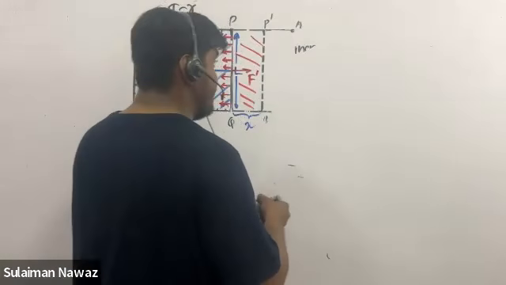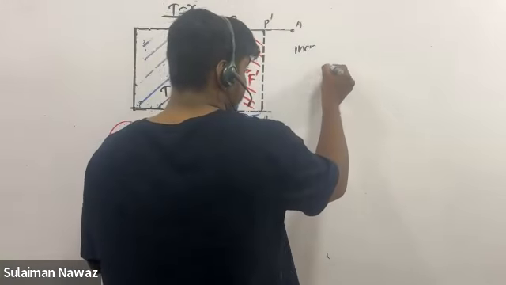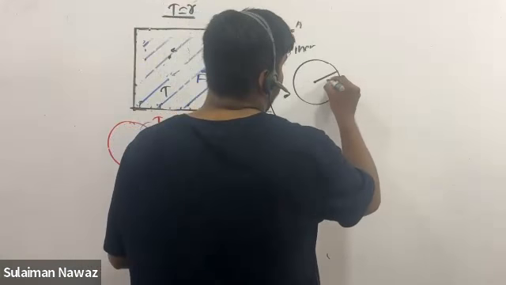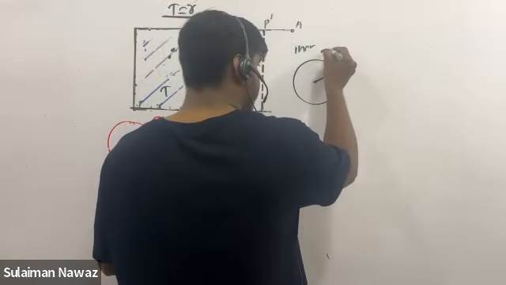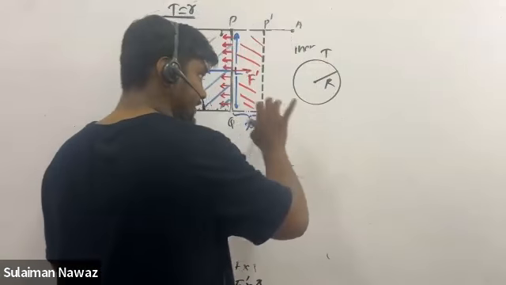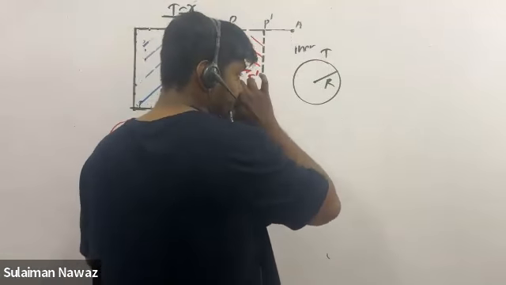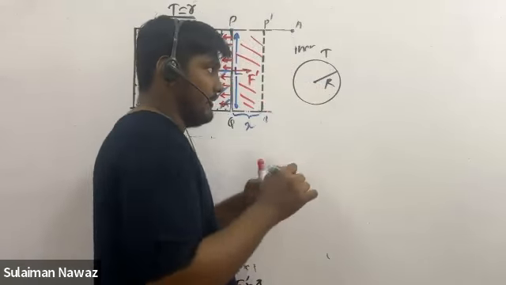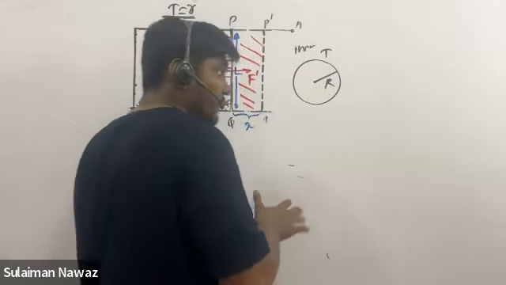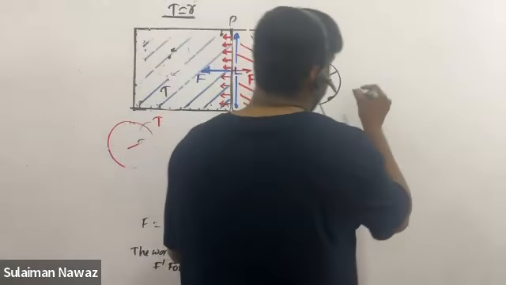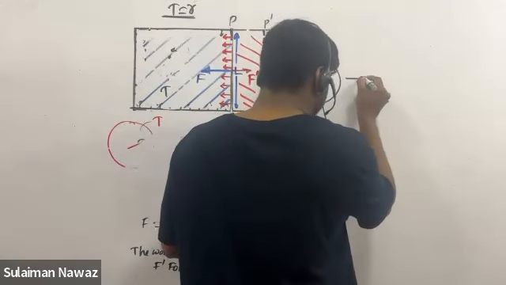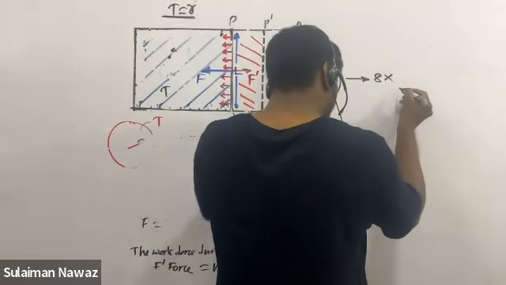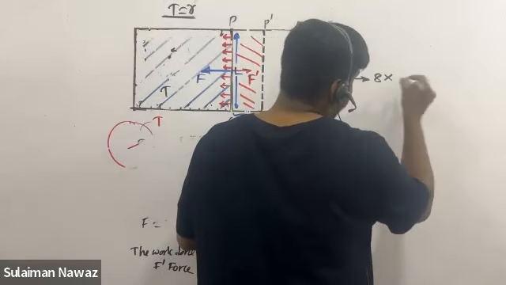Now let's say there is a liquid droplet of radius capital R, with surface tension capital T. The surface tension of this liquid is capital T. Then I'm going to break this liquid droplet of radius capital R into 8 small spherical droplets.